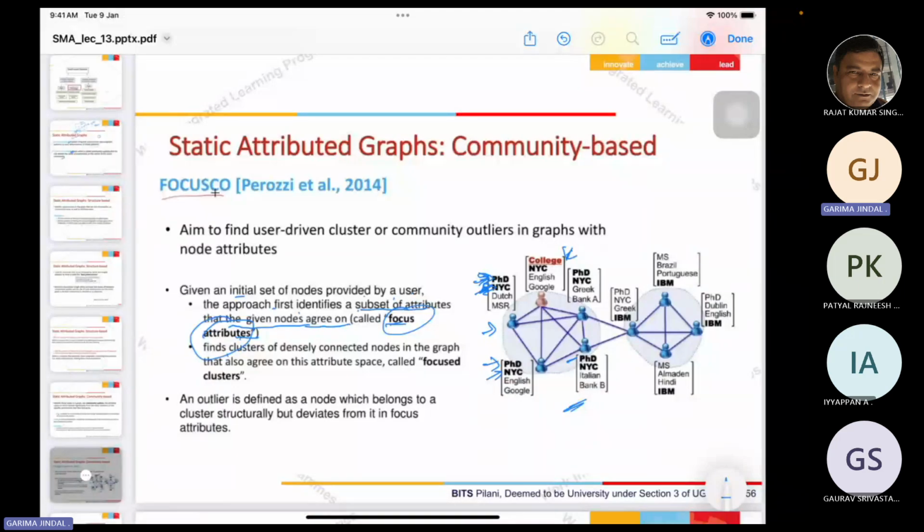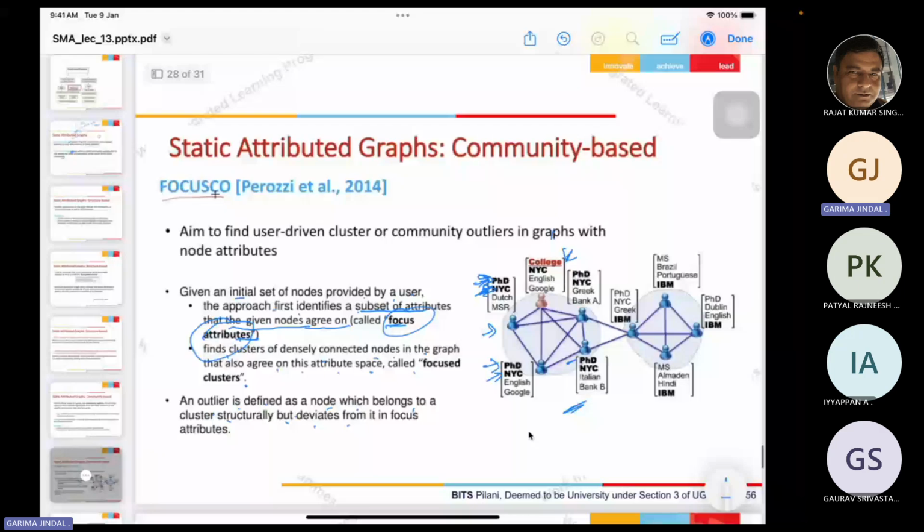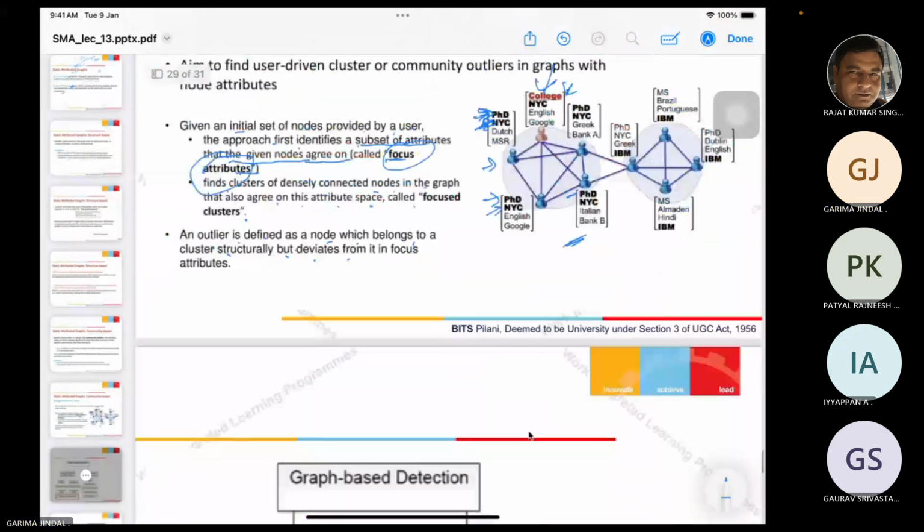Now find the cluster of densely connected nodes in the graph that also agree on the focus attributes. The outlier is defined as the node which belongs to a cluster structurally but deviates from its focus attribute. So structurally, this node might belong to this community, but attribute-wise it is different. That is why it is considered an outlier.